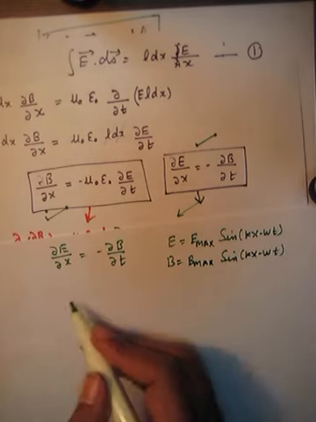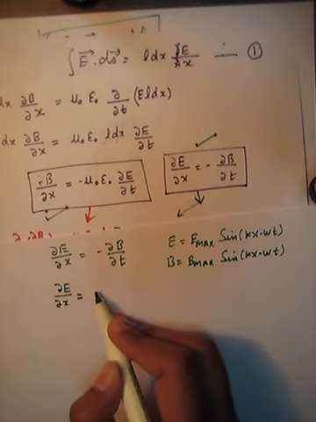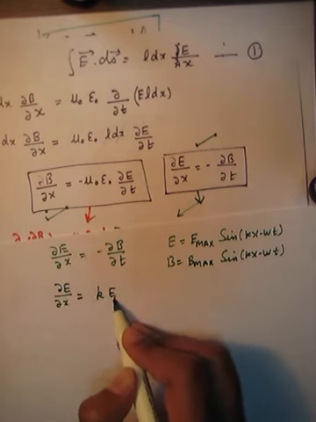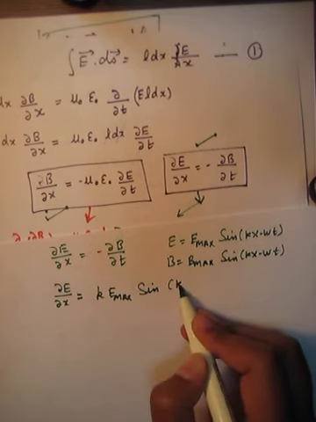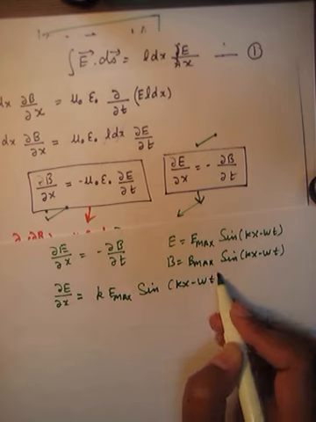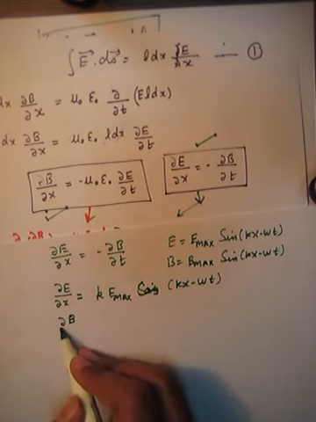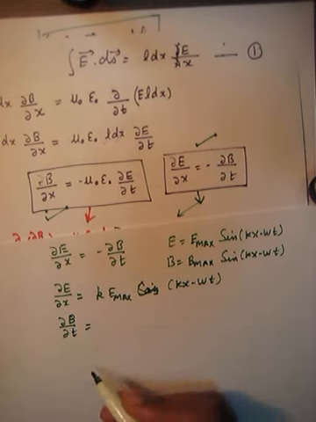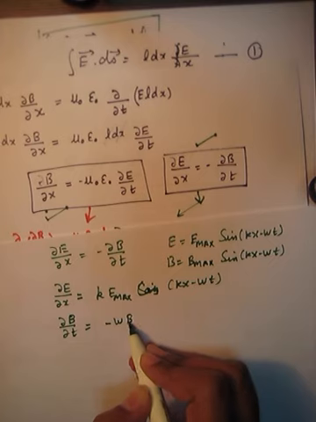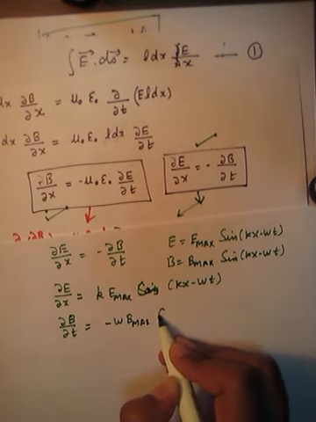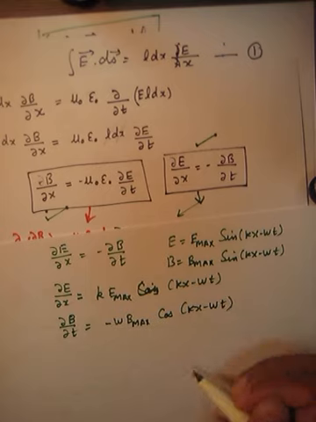So when we take a derivative of E with respect to x, it will be kE maximum cos(kx minus ωt), and ∂B/∂t will be minus ωB maximum cos(kx minus ωt).